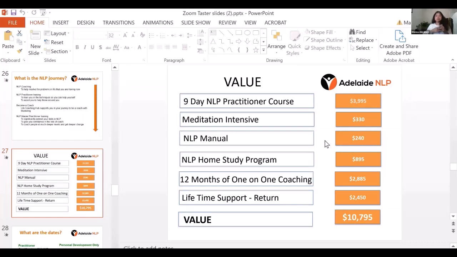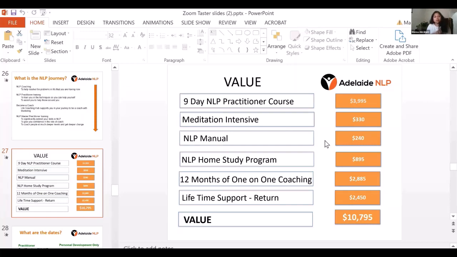Plus you also have an NLP home study program, which I think Pete spent about 6 months of work putting together, which you have access to. And the bonus is you would get 12 months of one-on-one coaching in this package, which is costing about 2,885. That's the value. Plus, what is unique to Adelaide NLP's course is lifetime support.